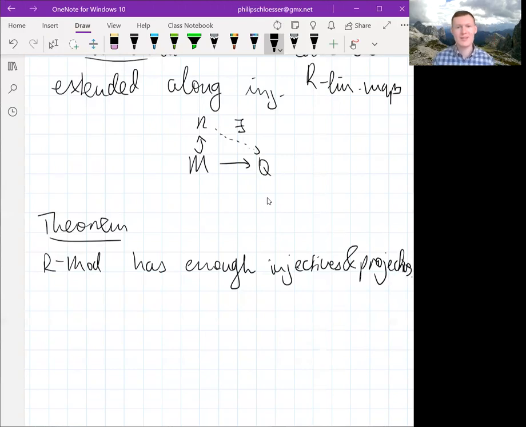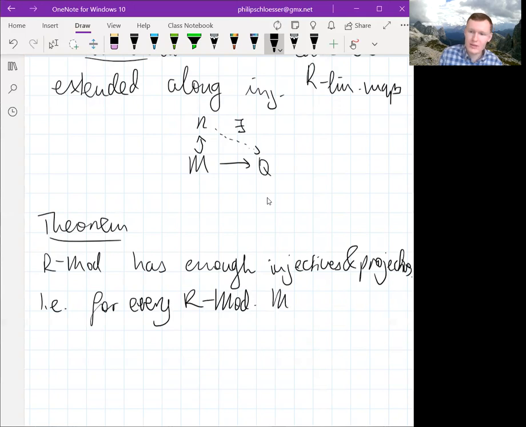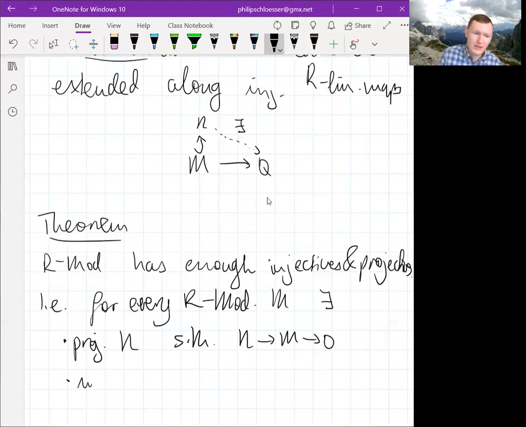This is actually a statement that has a rigorous meaning, namely, i.e., for every R module M, there exists a projective module N such that we have a surjection from N to M, and an injective module N prime such that we can inject M into N prime.